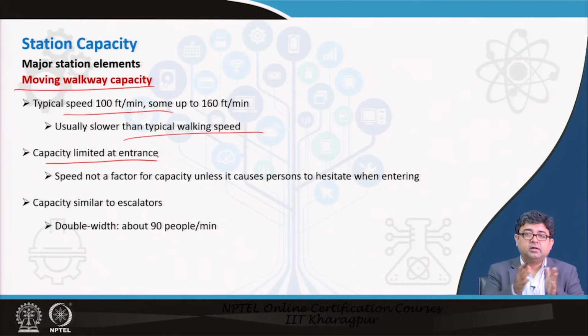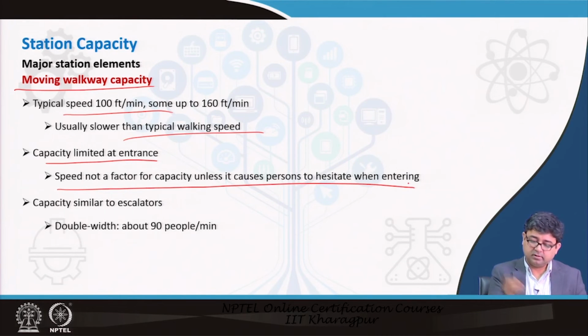At the entrance to the moving walkway, you are suddenly going from a walkway which may be 100 feet wide to a moving walkway which may be only 12 feet wide. So, the capacity is constrained at the entrance. Speed is not a factor, unless there are people who hesitate when entering.